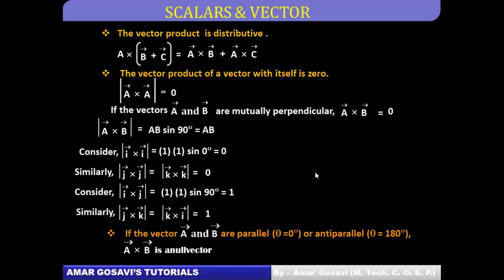Okay, so this is a very important slide. Please make a note of it carefully with all those corrections. The correction on the slide was A bar cross B bar would be equal to AB and not equal to 0.